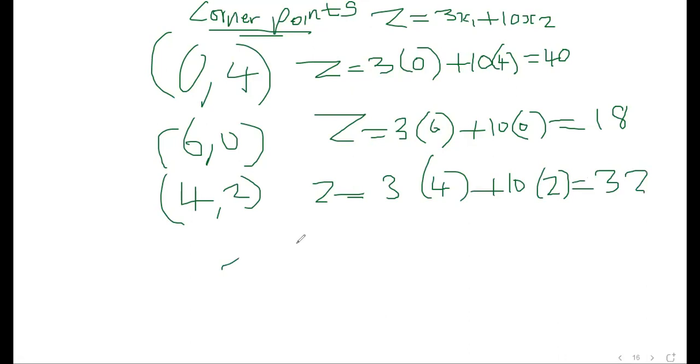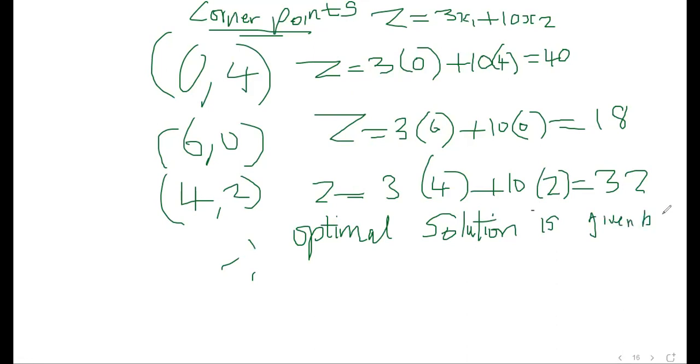So therefore, the optimal solution is given by x1 is equal to 0, x2 is equal to 4 and z is equal to 40. So this is about what we have gotten. So we can end here for now.